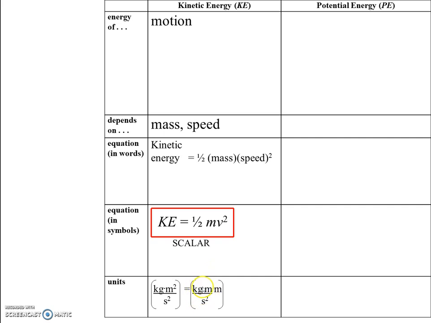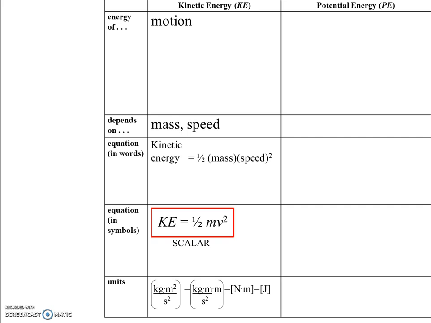You should recognize that as mass times acceleration. And of course we know mass times acceleration gets sigma F, or force, and force is measured in newtons. And so we can rewrite this as newtons times meters. Now, if you've been paying attention in the notes you've written about work, you should see that the newton meter is the same thing as a joule. And so we'll just use joules as the units for kinetic energy.